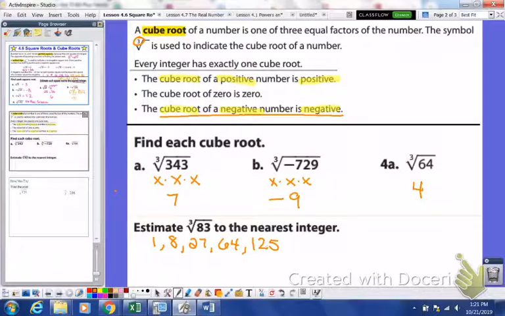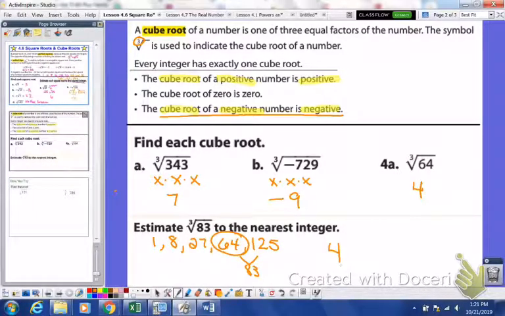So I know that 83 falls in between these two. It is closer to the 64. And we know that the cube root of 64 is 4. So therefore, to the nearest integer, the cube root of 83 is 4.